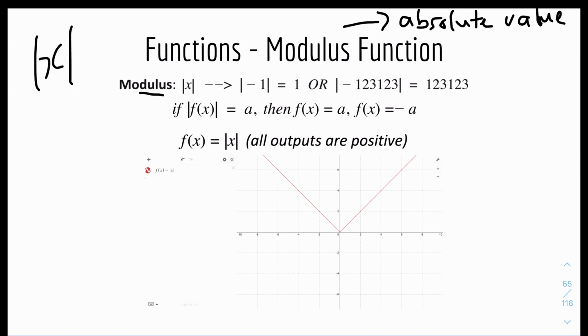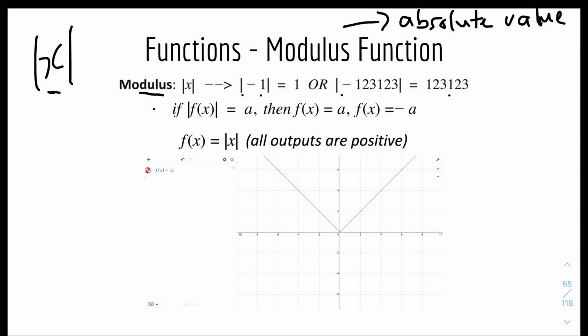So basically, for the modulus function, the number inside the modulus symbol, you have to make it positive. Let's say you have modulus of -1, or the absolute value of -1, it will be 1, because you do not use the negative, you use the positive value. And if you have the modulus of -1, 2, 3, it'll still be 1, 2, 3, without the negative symbol.